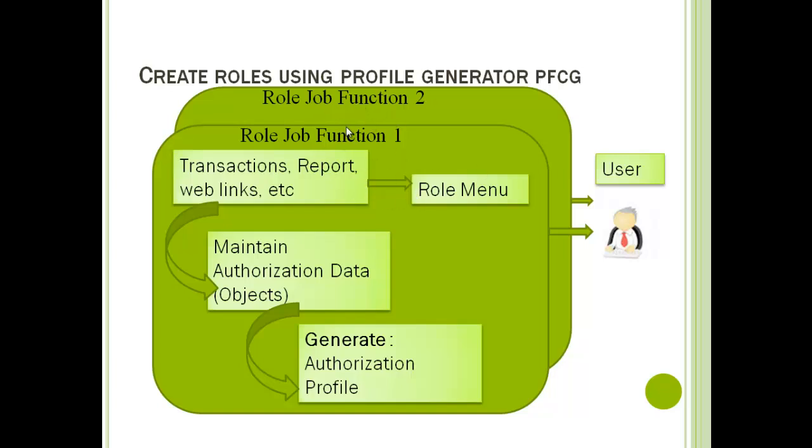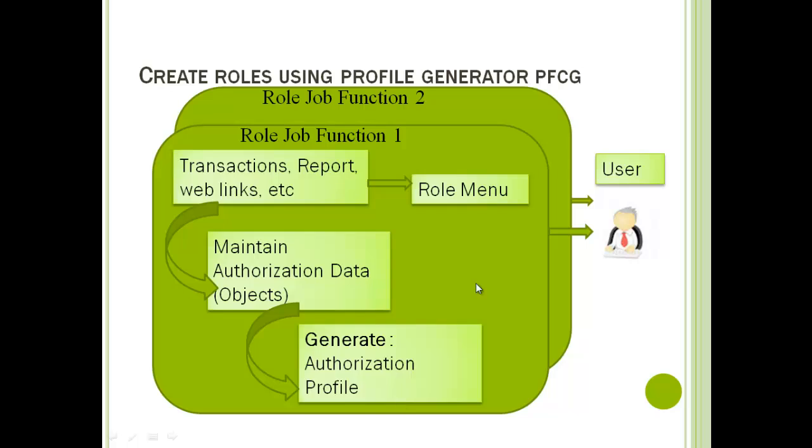Then the user menu comes from this specific role. In the role menu you can also assign web links apart from transactions, reports or T codes. We can also add web links and many other things, like a shared Excel file in your shared drive. Then we maintain the authorization objects and generate the profile.